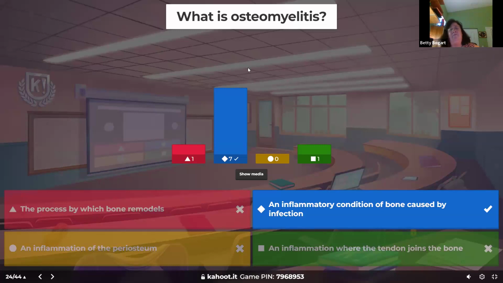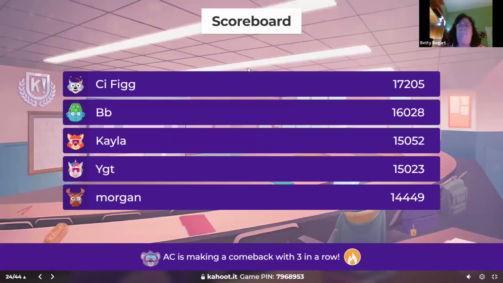Osteomyelitis is an inflammation due to an infection, and it is very serious. If we don't take it seriously, we don't treat it, it can cause systemic infection. Also, it's a loss of a finger, a toe, a limb. So very important.